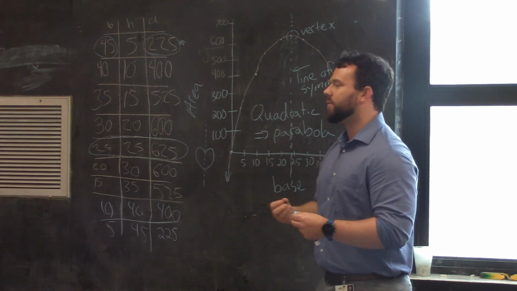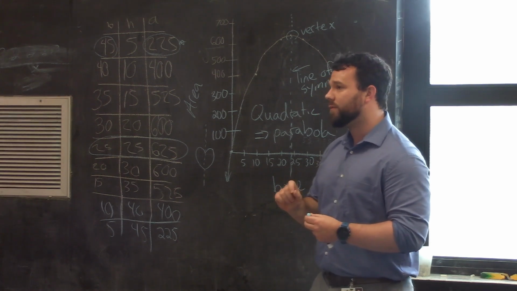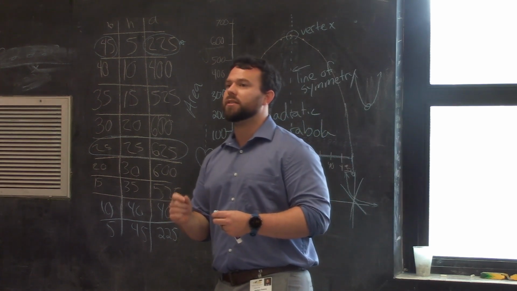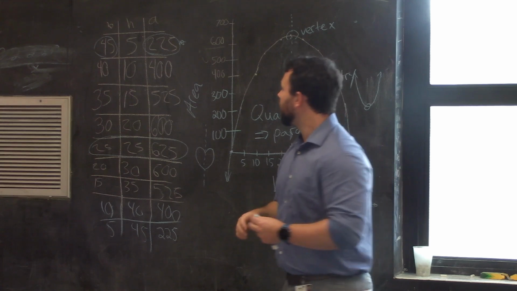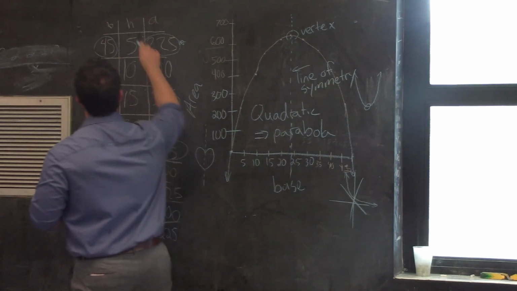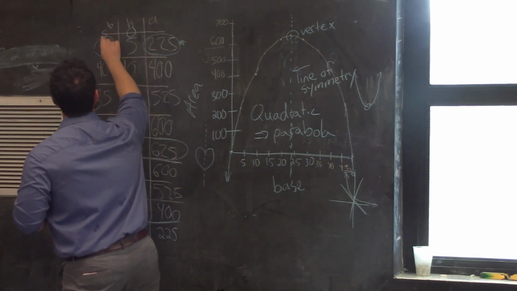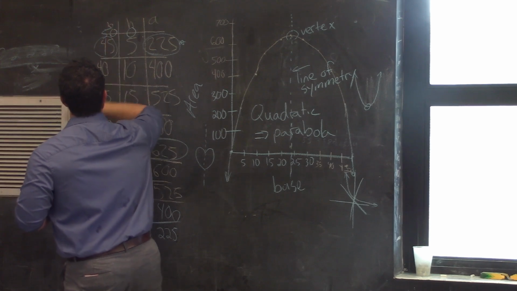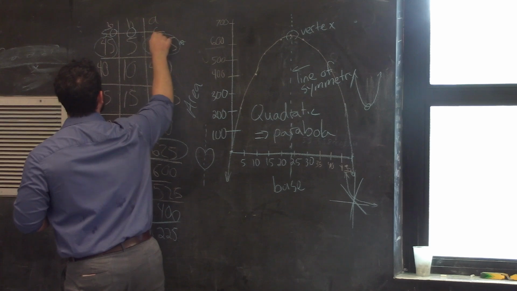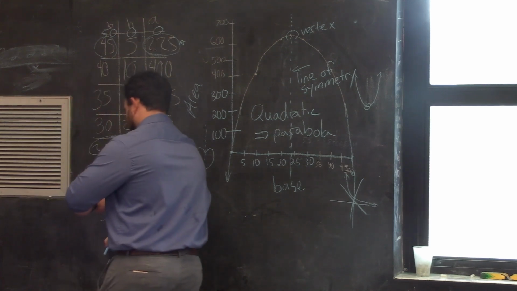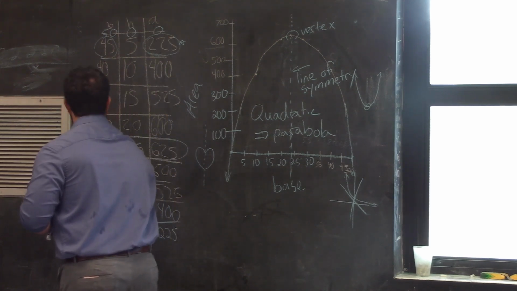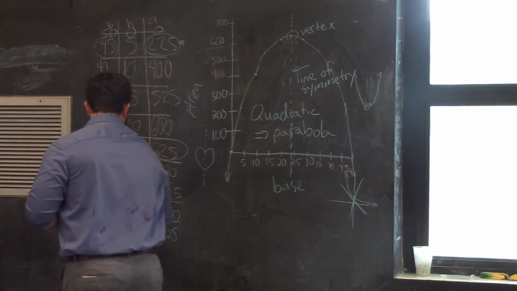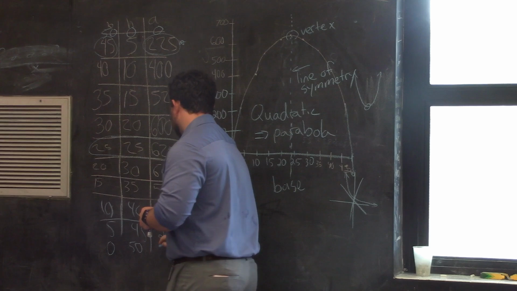No, because you can't really have 0 height or 0 base. However, mathematically, would it make sense to have a 0 in there? Yeah. Because if I put a 0 right here, what does my base have to be? 50. 50 times 0 is? Okay. Down here, I would have a base of 0, height of 50, and this would be 0.